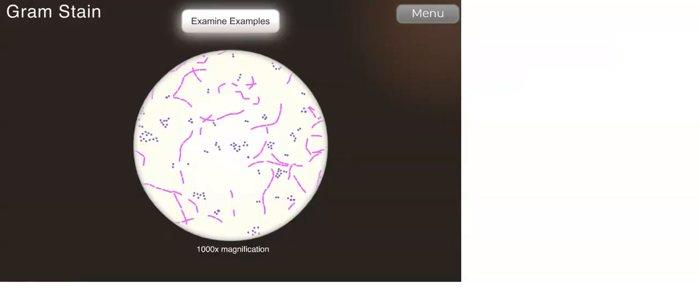Okay, here are the samples. Here we are viewing our samples under the microscope.